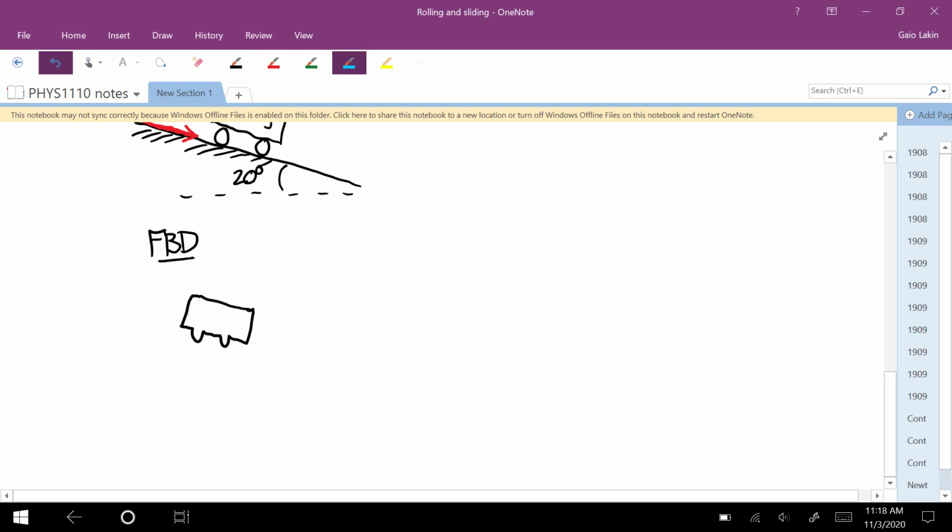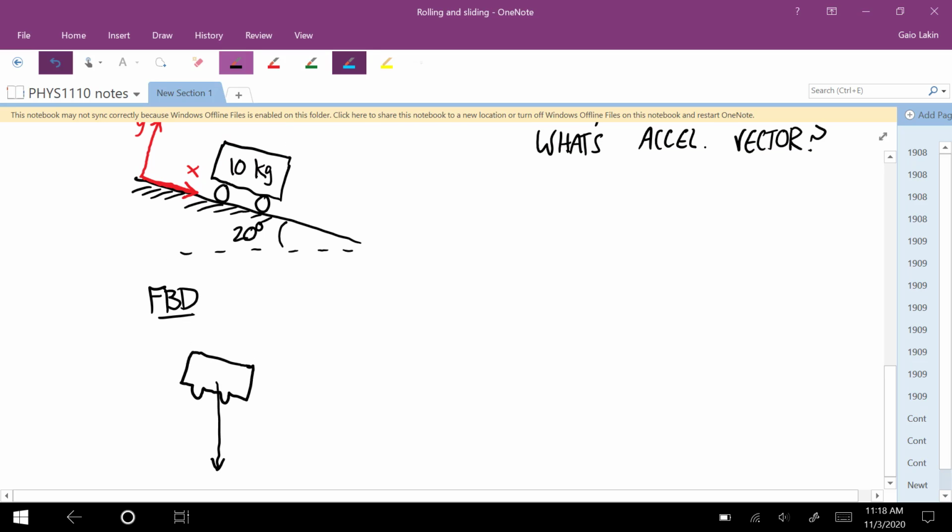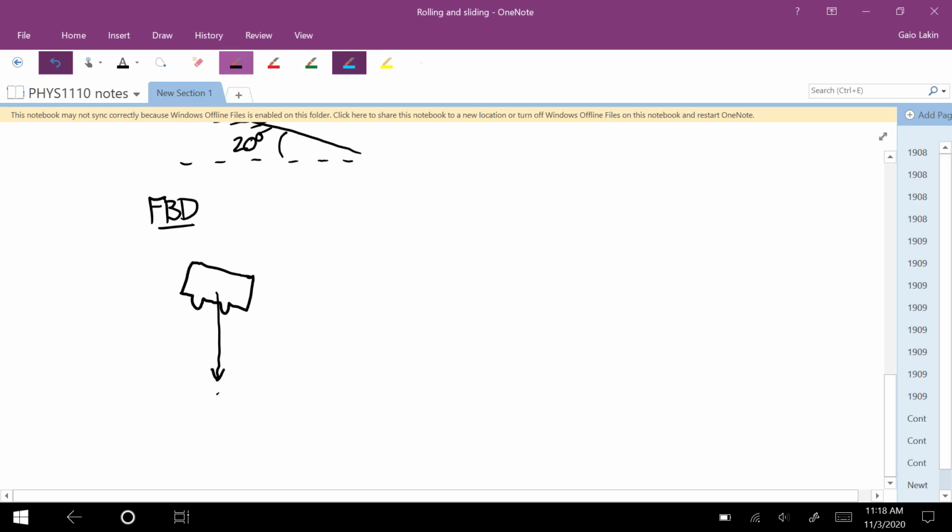Okay, so what do we have? Well, we still have the weight force. It's just not parallel to the coordinate system anymore. And the magnitude of the weight force is still 10 kilograms times 9.81. So that's 98.1 newtons.